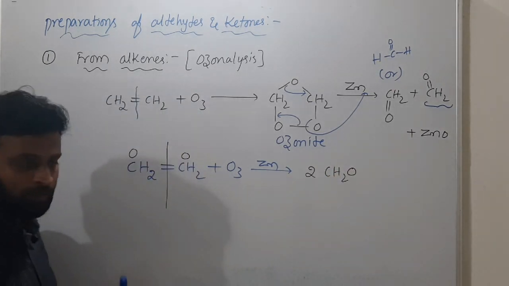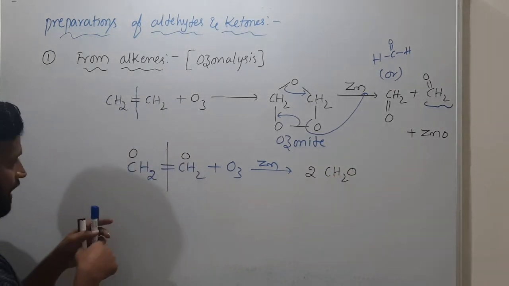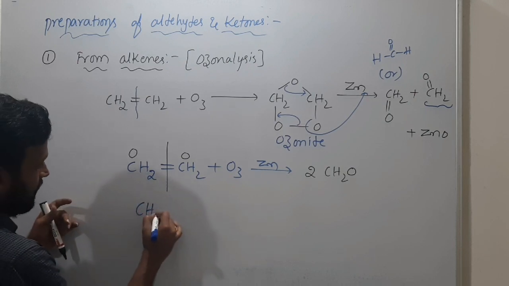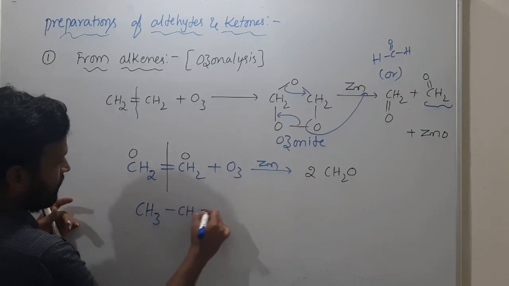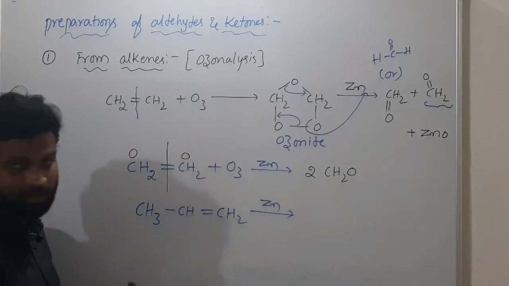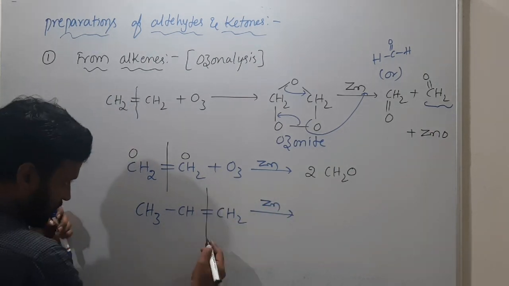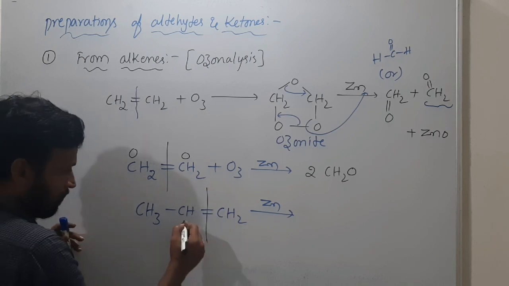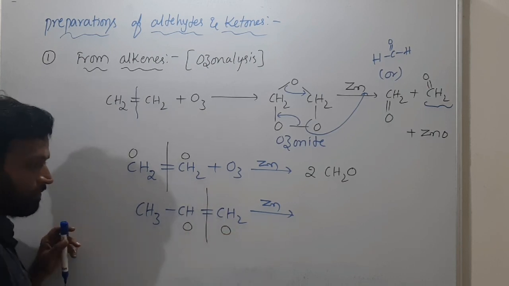If you have a question like CH3CH double bond CH2 with zinc given, again break the double bond and put one oxygen here and one oxygen here.